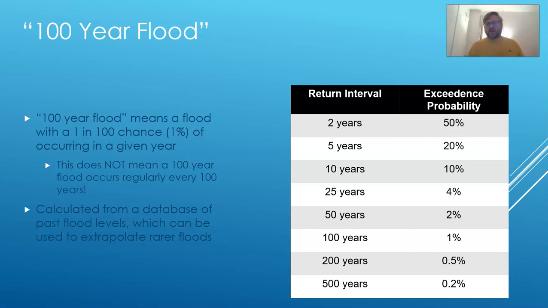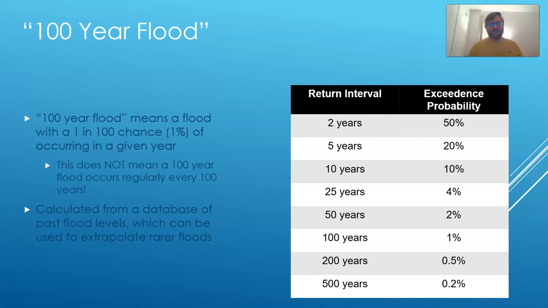Using that description, 100-year flood tends to imply that floods are on some sort of a schedule, right? And that, oh, we had a 100-year flood last year, so that means we won't have another one for a while. Or we haven't had a 100-year flood in over 100 years, so that means we're due. Neither of those things is true. How high your flood is this year has no relationship with how high it might be next year.